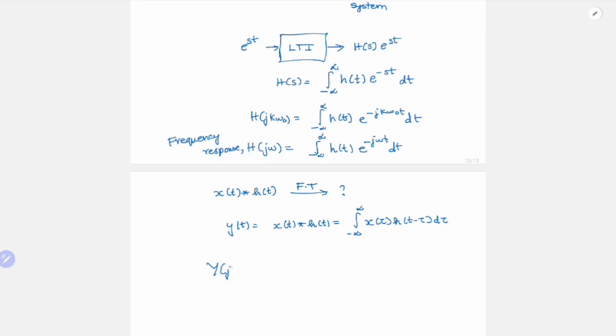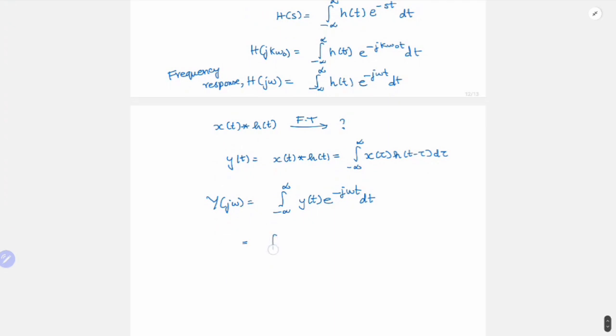Now if we take the Fourier transform of y of t, it is going to be integral minus infinity to infinity y of t e power minus j omega t dt. Now let us substitute this in y of t. Again this integral is over t, right? And we have inside the integral over tau, x of tau h of t minus tau d tau into e power minus j omega t dt.